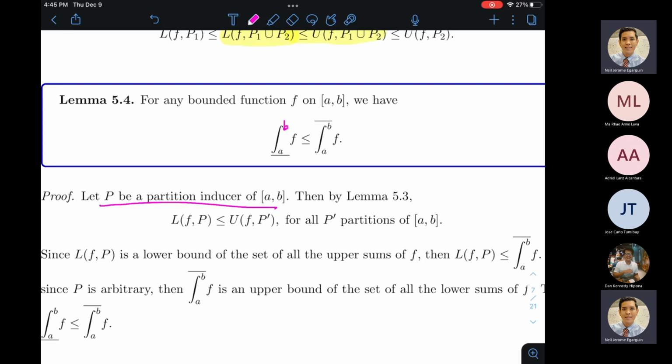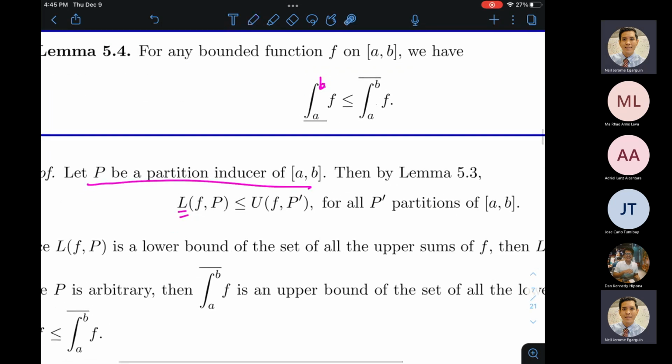Pero sabi ng lemma 5.3, yung lower Riemann sum ni F relative to a partition inducer P, which was arbitrarily chosen, will always be less than or equal to the upper Riemann sum of F relative to any other partition inducer, say P prime. Ito yung ni-establish natin sa lemma 5.3. Yung lower Riemann sum ay laging mas maliit sa upper Riemann sum kahit na magkaiba yung partition inducers nilang dalawa. Ito yung hindi obvious mula sa lemma 5.1.